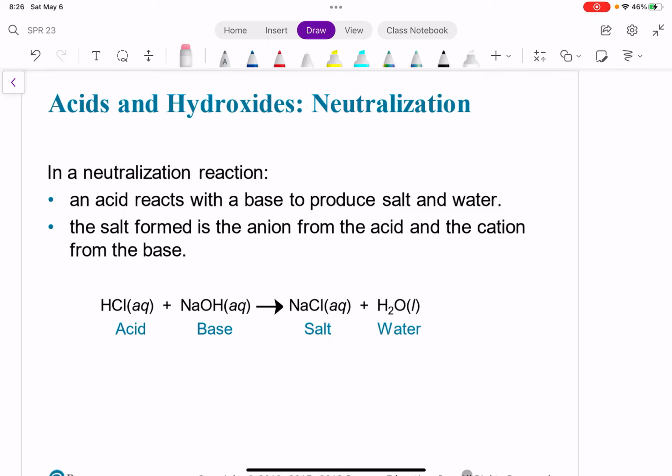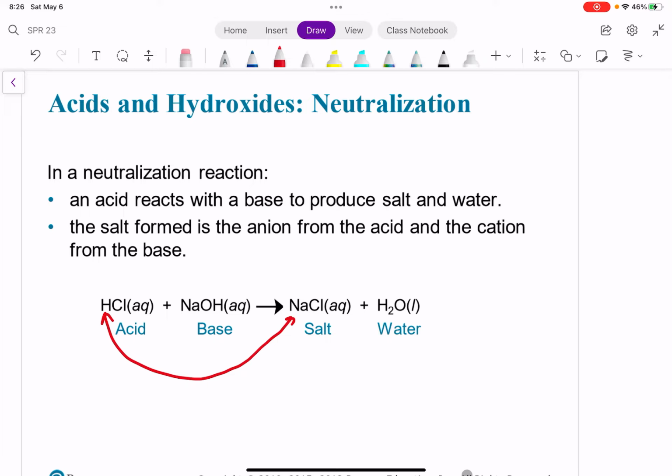Is it combination, double displacement, single displacement, decomposition? Yeah, it's double displacement, because we are essentially switching these two things here.